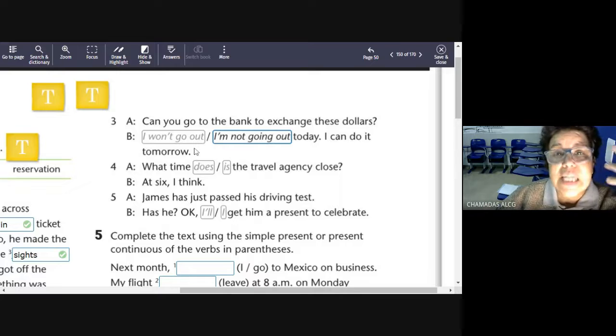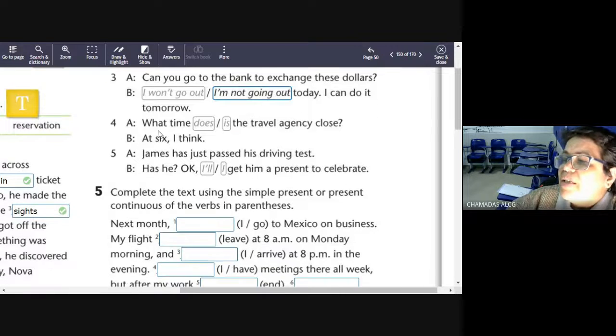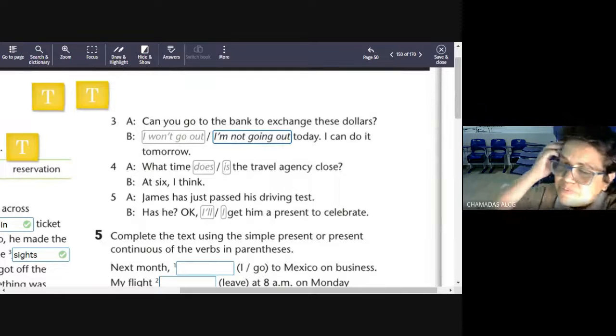This is your intention. Today, you're not going out. You've already decided, okay? So if you say, I won't go out, it's more like you are refusing to go out. It's like, I don't want to go out. So when I use the negative here, will plus not, won't, it's more like refusal, okay?